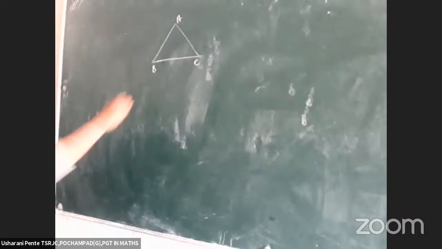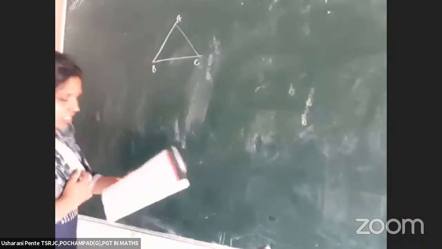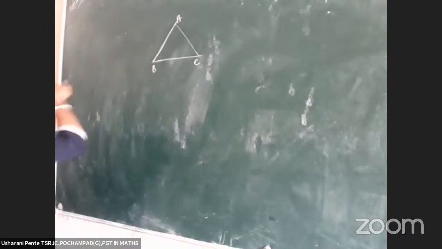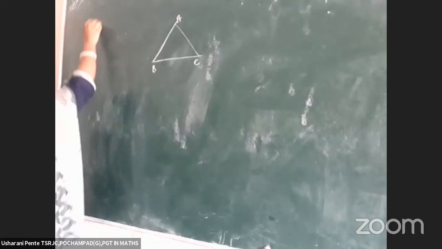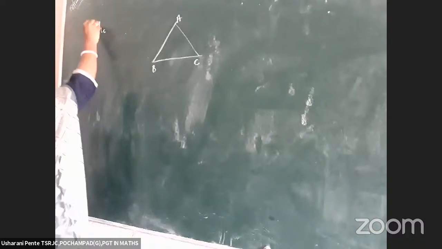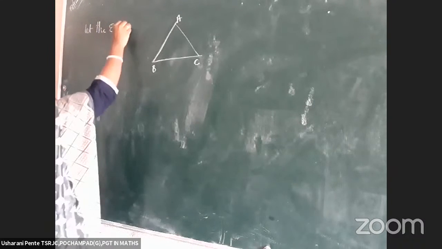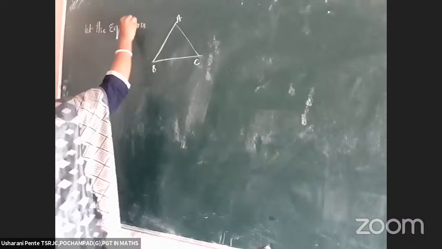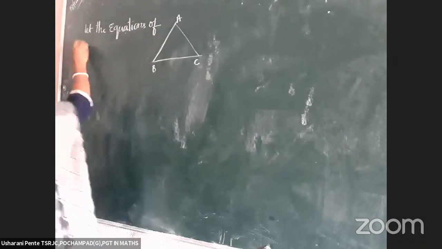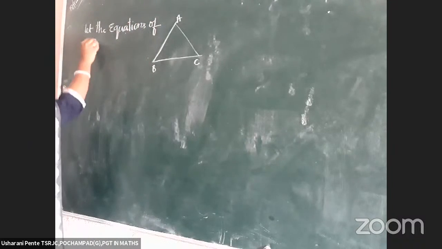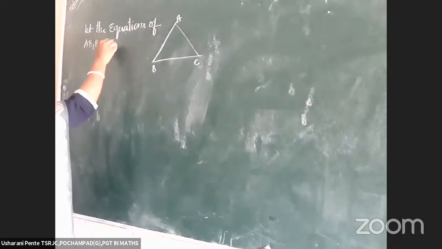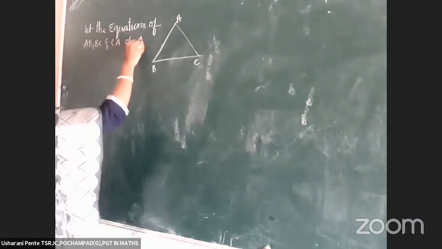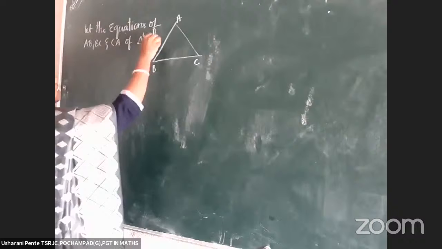They have given three equations, the equations of AB, BC, and CA of triangle ABC.